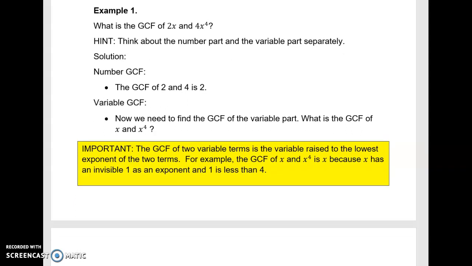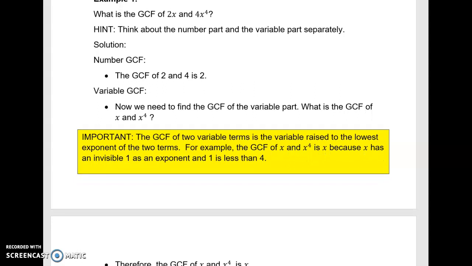Then for the variable part, this is something new and it's very important, but it's very easy. The GCF of 2 variable terms is the variable that is raised to the lowest exponent of the 2 terms. For example, when we have x and x to the 4th, x is your GCF because remember, x has an invisible 1 as an exponent and 1 is less than 4.